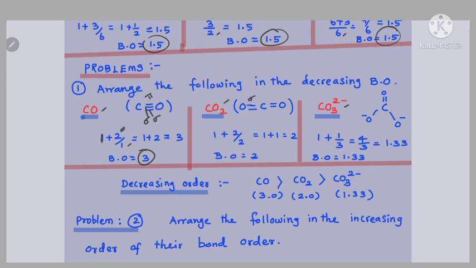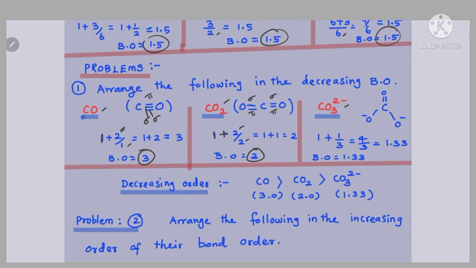Each double bond consists of 1 sigma bond and 1 pi bond. So with the first formula, bond order equals 1 plus number of pi bonds 2 divided by number of sigma bonds also 2. 1 plus 1, 2. So the bond order of carbon dioxide is about 2.